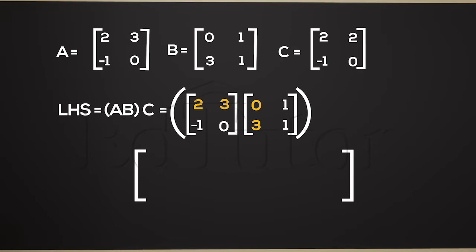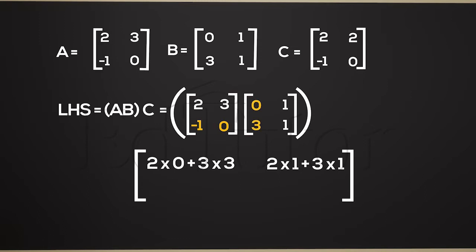At 1 1, we get 2 times 0 plus 3 times 3. Now, multiply the first row with the second column and write the answer here, 1 2. You get 2 times 1 plus 3 times 1. Similarly, take the second row and the first column.